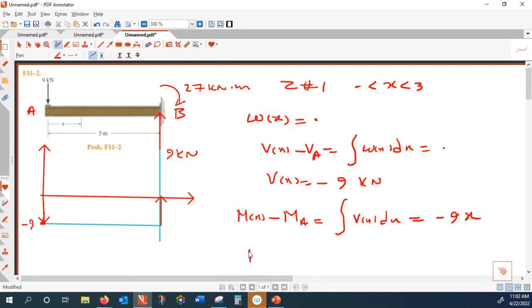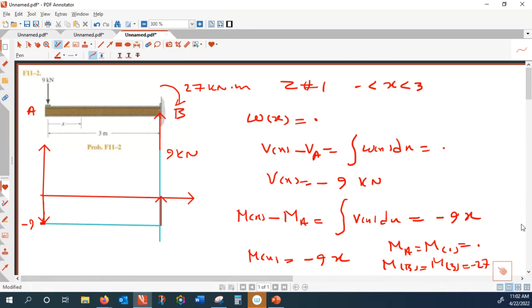So M of x is equal to -9x. So M of a, that is when x equal to 0, is equal to 0. M of b, this is just before b, right? Just before b. That is M of 3. That's -27.